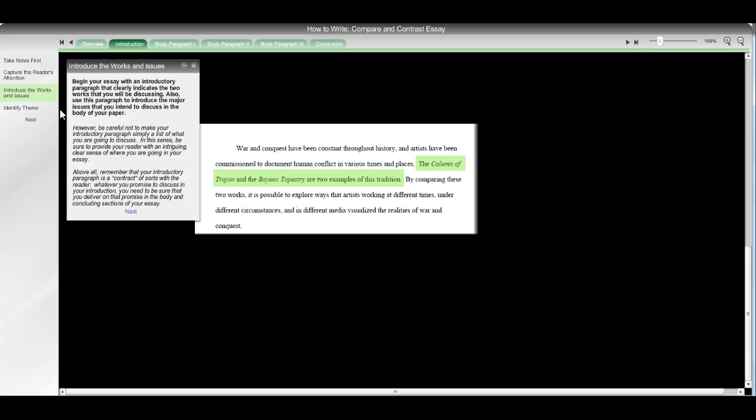In this sense, be sure to provide your reader with an intriguing, clear sense of where you are going in your essay. Above all, remember that your introductory paragraph is a contract of sorts with the reader. Whatever you promise to discuss in your introduction, you need to be sure that you deliver on that promise in the body and concluding sections of your essay. Next screen.